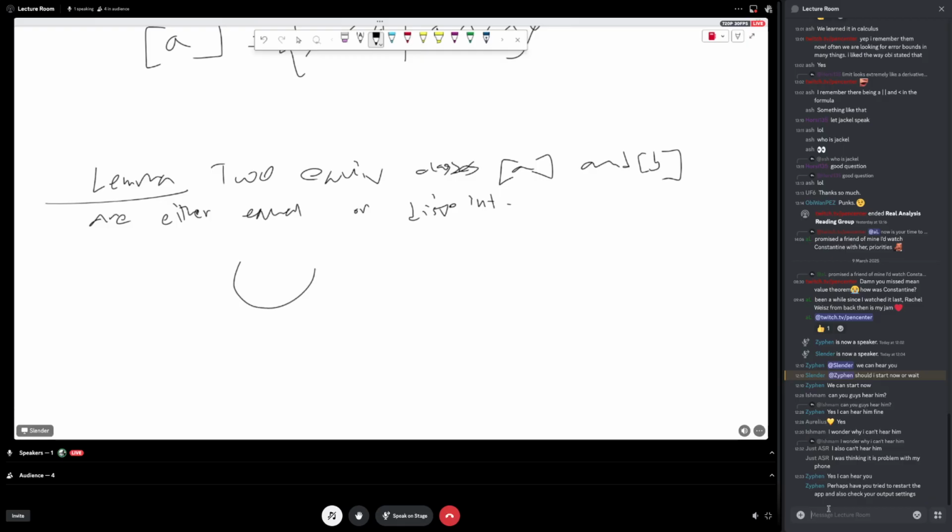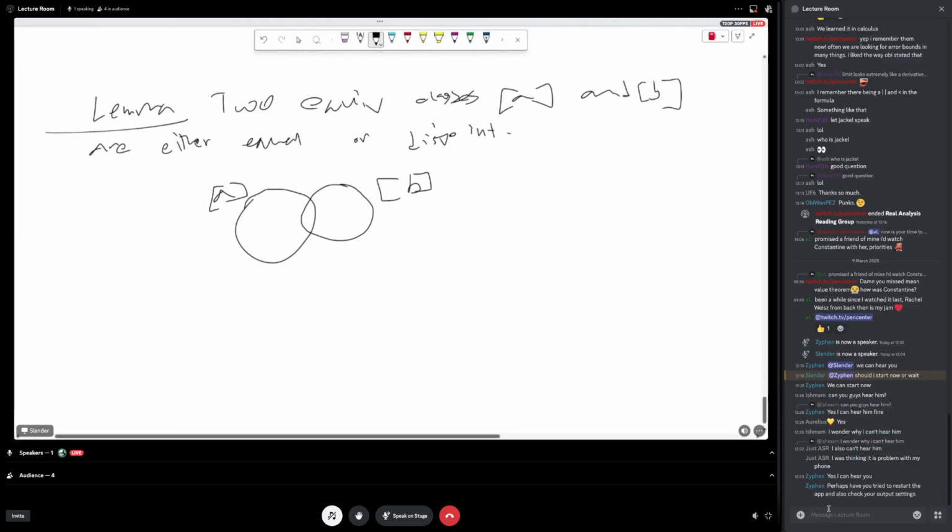If we consider a simple diagram, this is the equivalence class of A and this is the equivalence class of B. They don't necessarily have to intersect, but for our proof we'll need it.